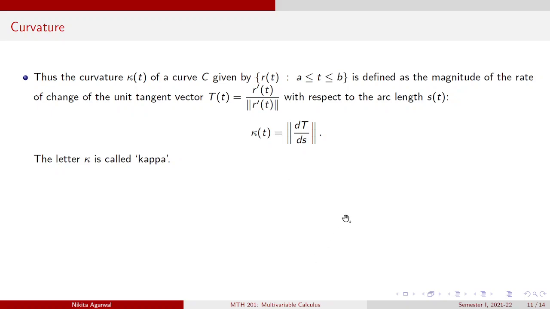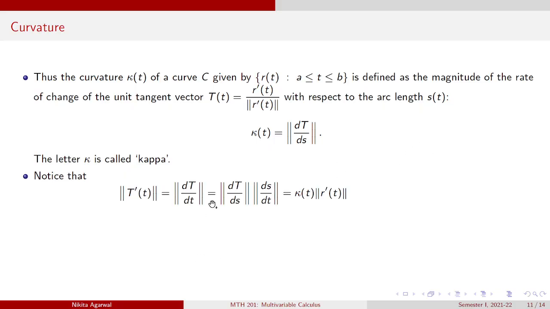This is the definition of curvature: the norm of the derivative of the unit tangent vector with respect to s. You notice that I have not used the tilde notation at all because it's not required. You don't have to define a new parameterization; you just get this formula from the previous discussion.